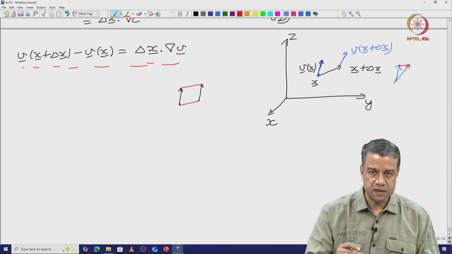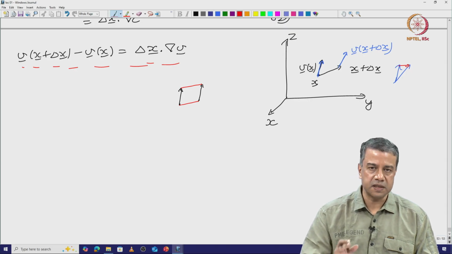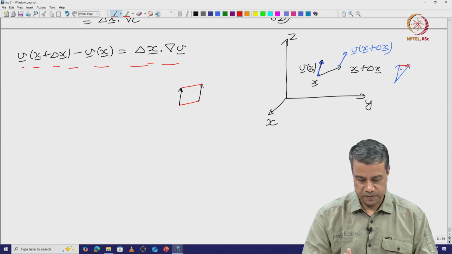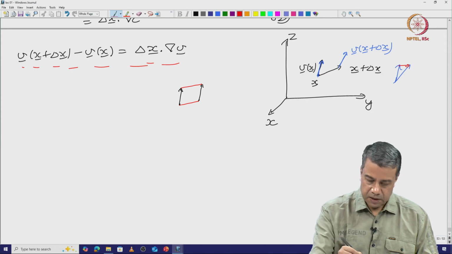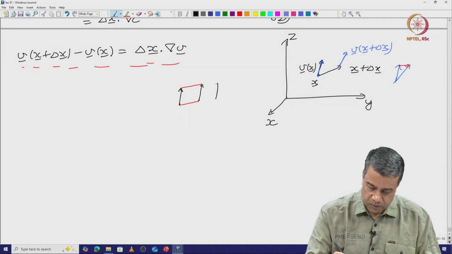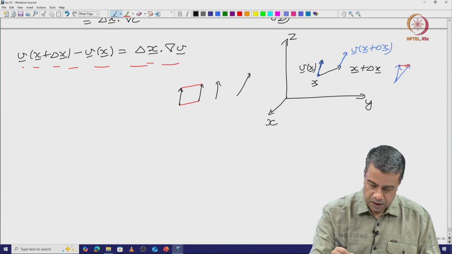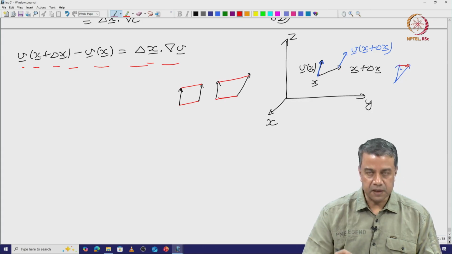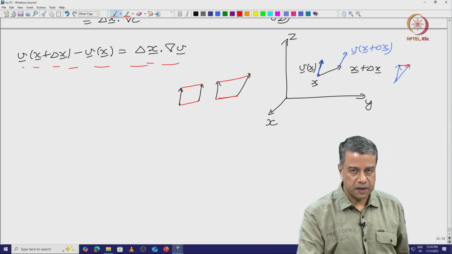It translates to a new location, but there is no stretching or rotation of this material element as it moves. It is only if the velocity is different between two locations that the material element between these two locations either stretches or rotates.